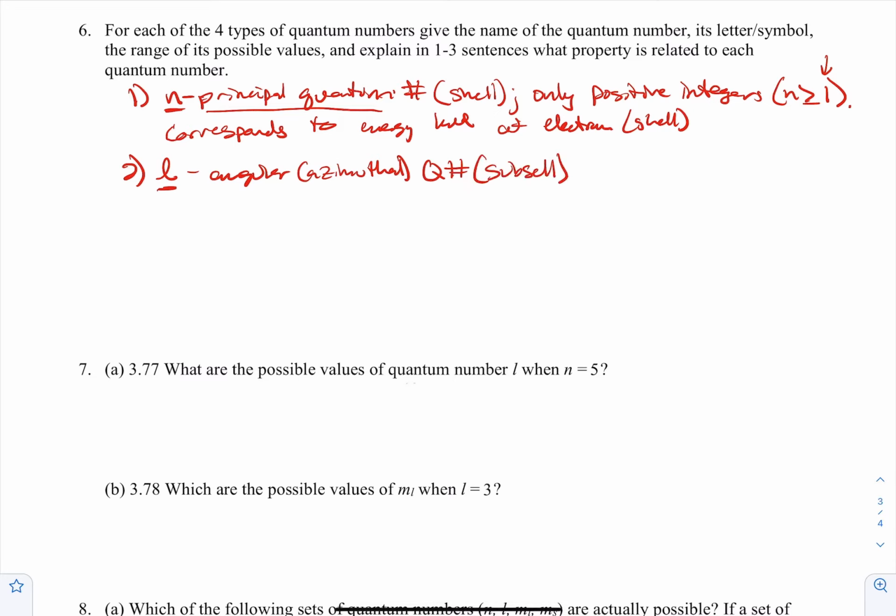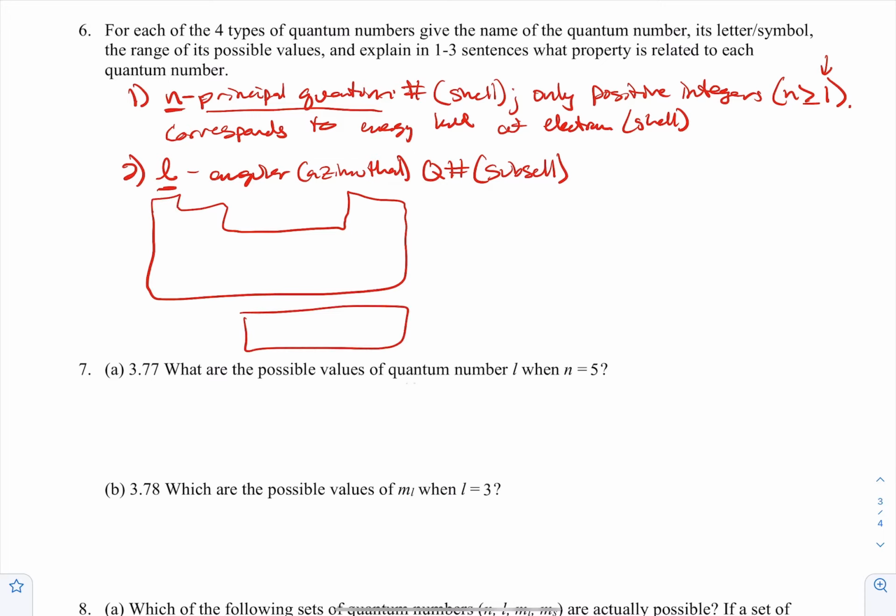So this is referring to the periodic table, which is split up into blocks. This is not a great picture of it, but here we've got the lanthanides and actinides on the bottom. This side of the periodic table is called the S block, and the S is a subshell.